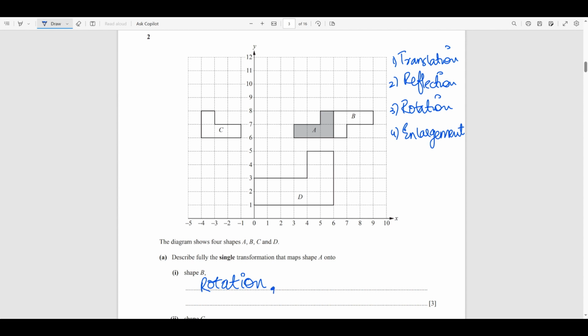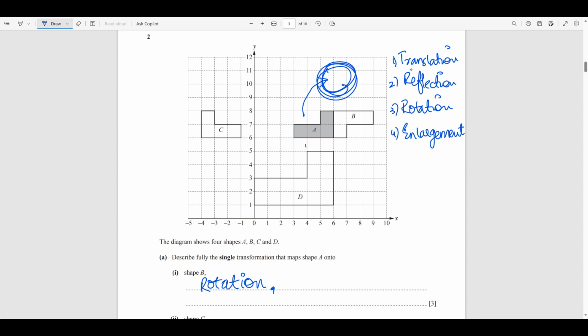I think this is a 180-degree rotation, because if it was a 90-degree rotation, the shape B would be somewhere here.